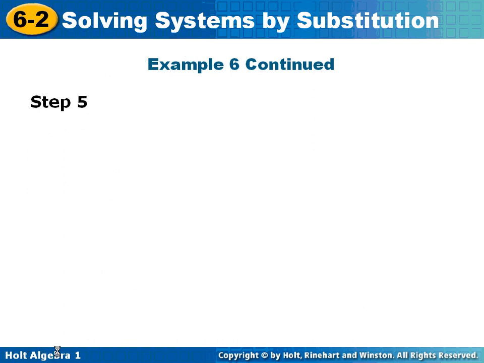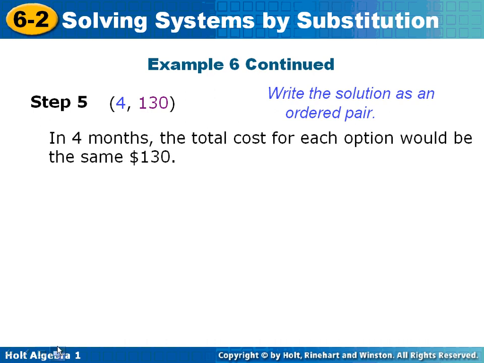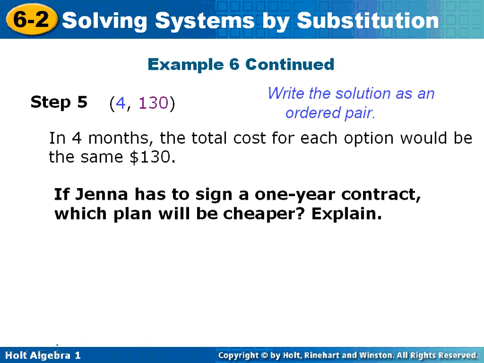My next step is to write these as an ordered pair, and my solution as an ordered pair is 4, 130, which means in 4 months the total cost is going to be the same at $130. The last thing I have to figure out is which plan is cheaper.